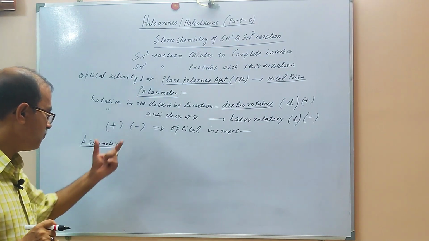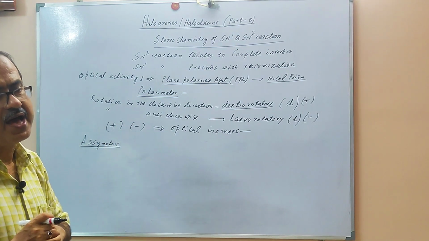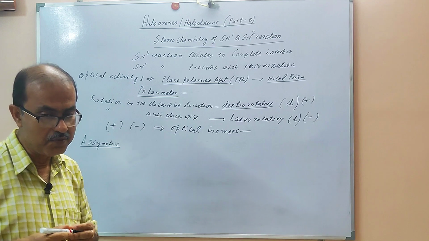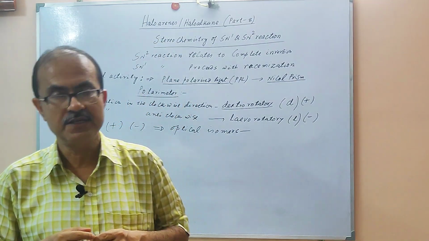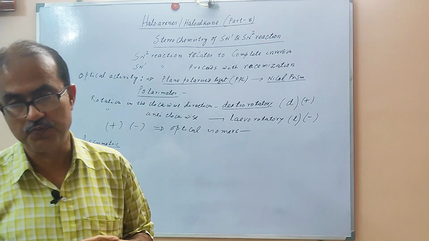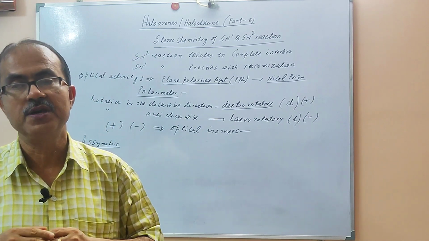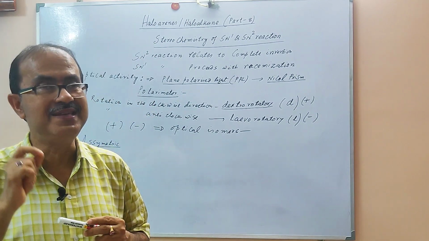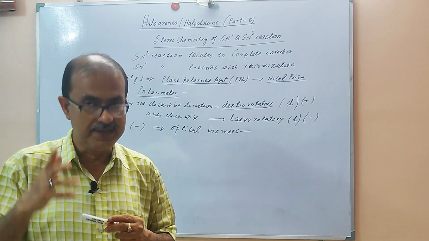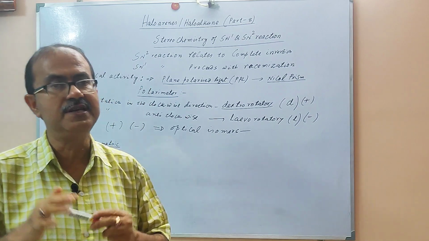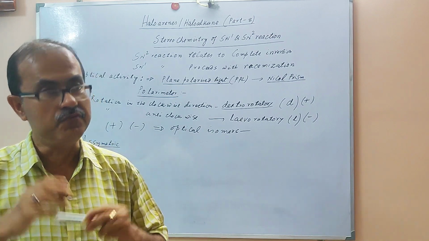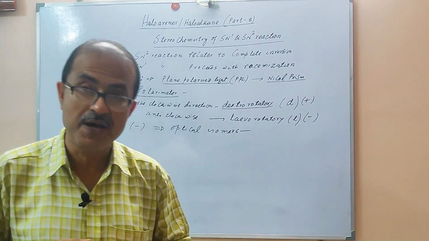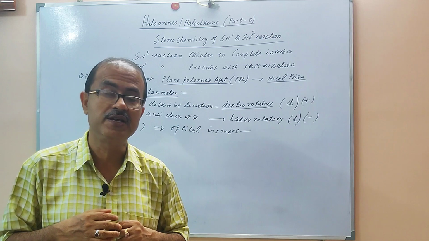For example, for organic compounds, when the carbon atom is joined by 4 different groups or 4 different atoms, the carbon atom is called asymmetric, and those compounds show stereoisomerism, and it is also called a stereocenter.